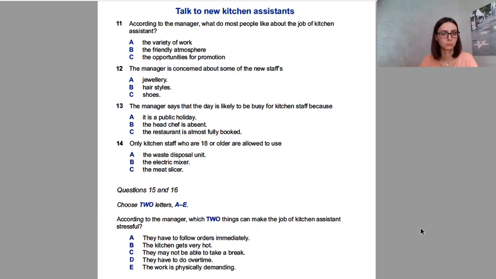For all of you, whatever your age, there's some equipment you mustn't use until you've been properly trained, like the waste disposal system, for example, for health and safety reasons. Then I think there are 2 of you here who are under 18. That's Emma and Jake, isn't it? Right, so for you 2, the meat slicer is out of bounds, and of course none of you are allowed to use the electric mixer until you've been shown how it works.